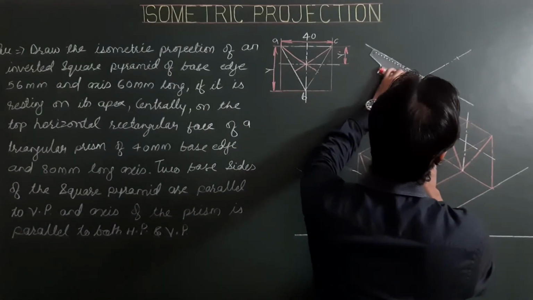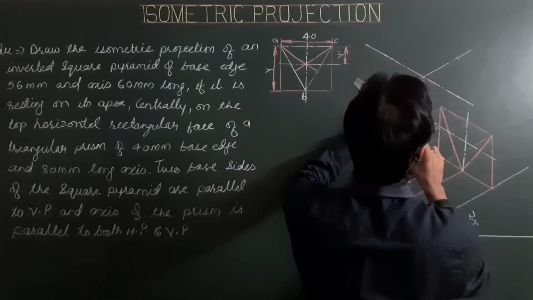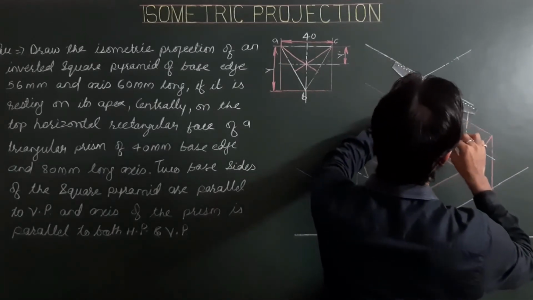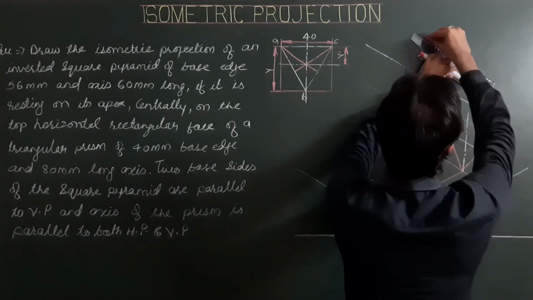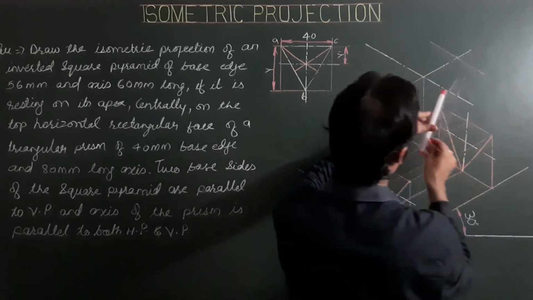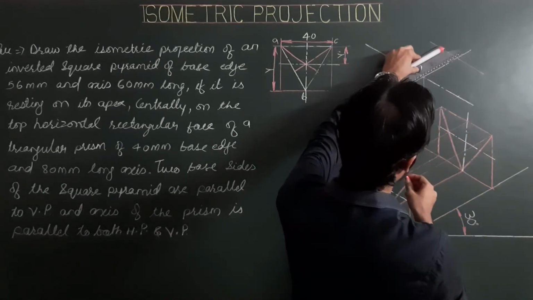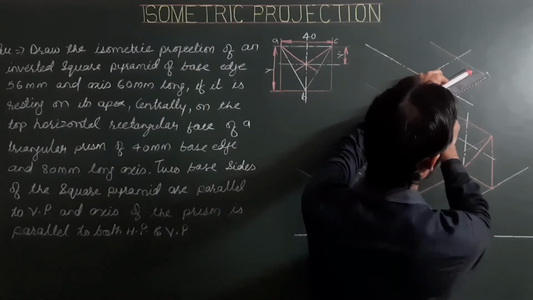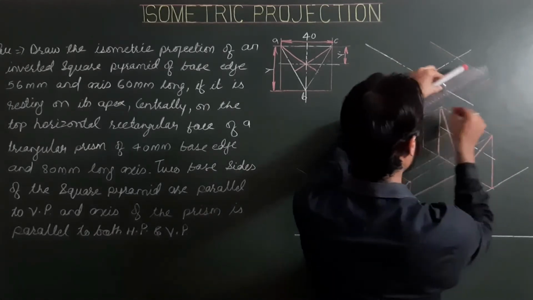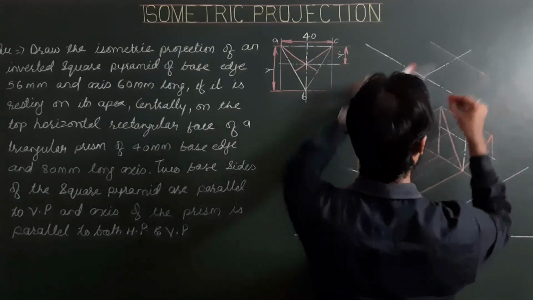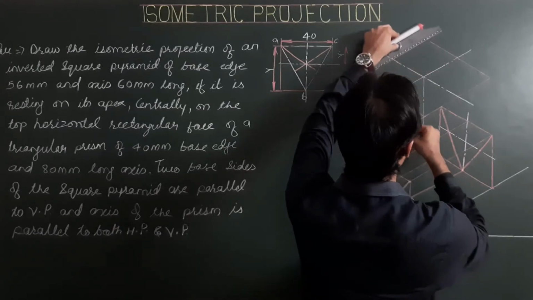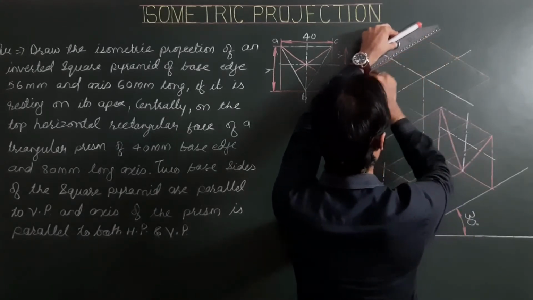Now from all four points, drawing lines parallel to again the first and second center line. And last parallel to first ISO axis.